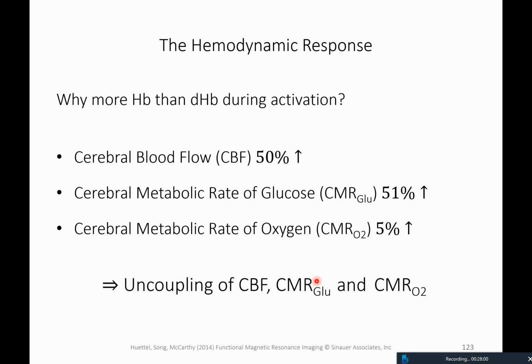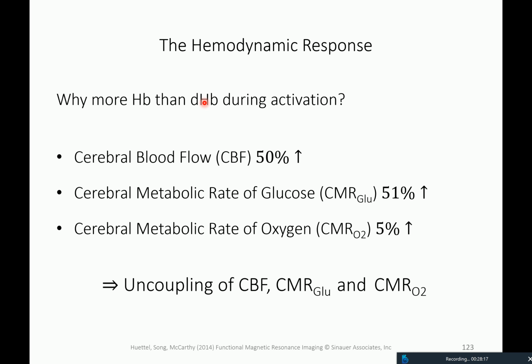So the question is, why is there actually more oxygenated hemoglobin, so HB, than deoxygenated hemoglobin during activation? And the basic finding here is that the cerebral blood flow increases.